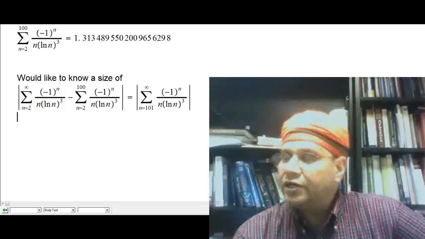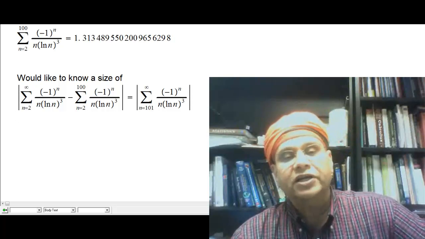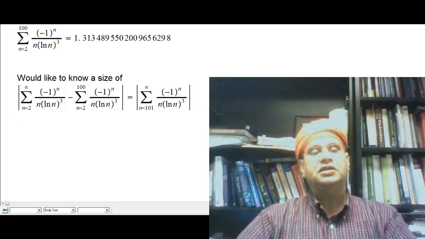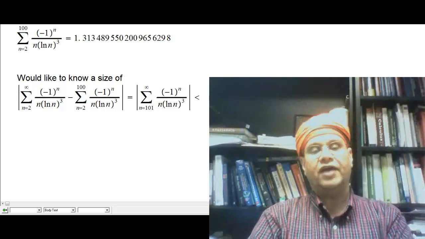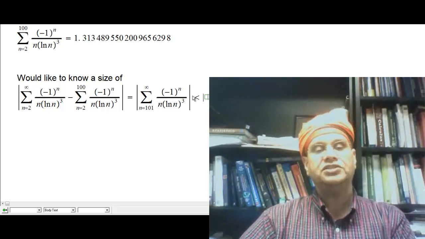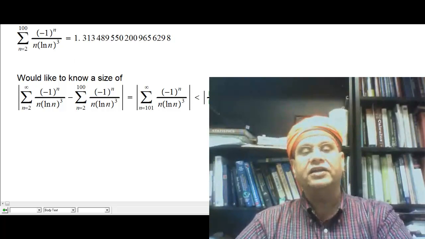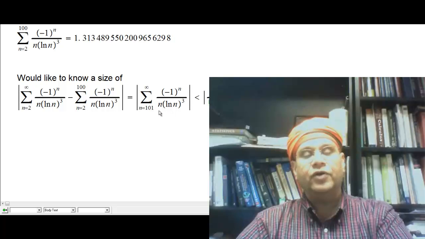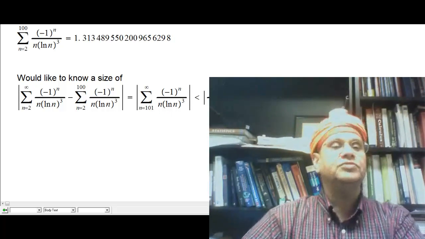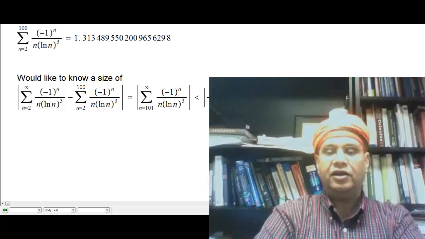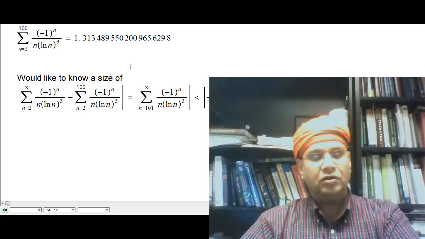Now, if we have an alternating series, then what it tells us is that this value will be less than the first omitted term: 1 over, and I'm starting here, 100 times ln of 100 cubed.